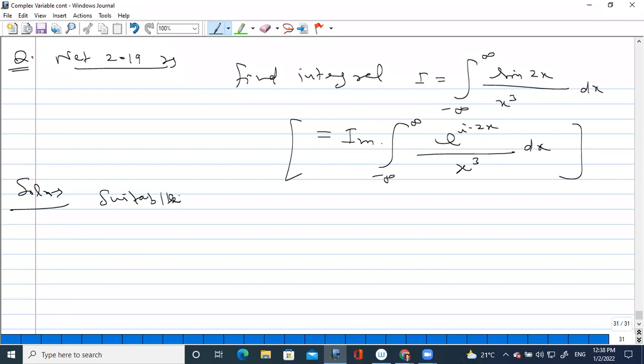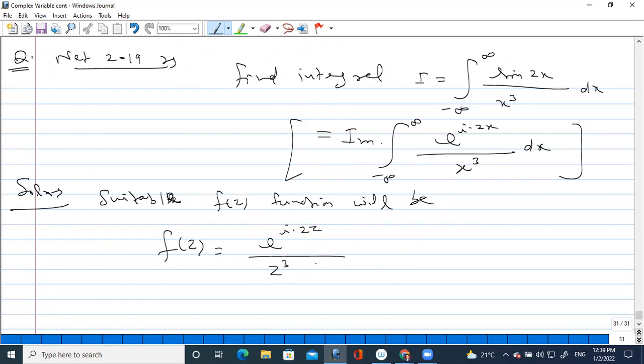So here the suitable f(z) function will be, just you have to convert x into z, then you will get the suitable f(z). f(z) will be e to the power i into 2z divided by z cube. Now from here you have to find the residue.